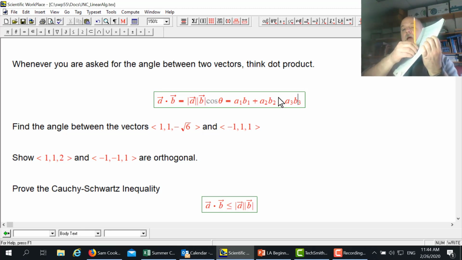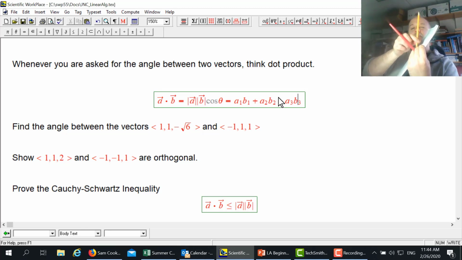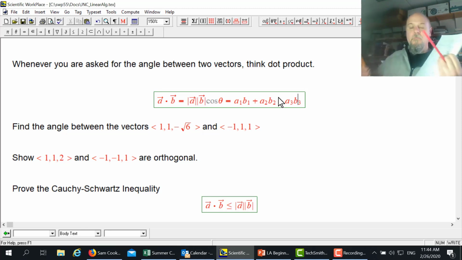If I want the angle between the vector and the plane, I can get the angle between the vector and the normal vector to the plane, and it's just 90 degrees minus that. So anyway, whenever we talk about angle between vectors, dot product.